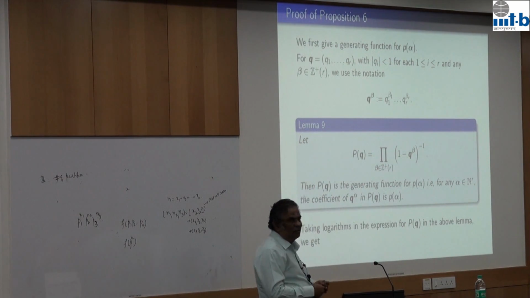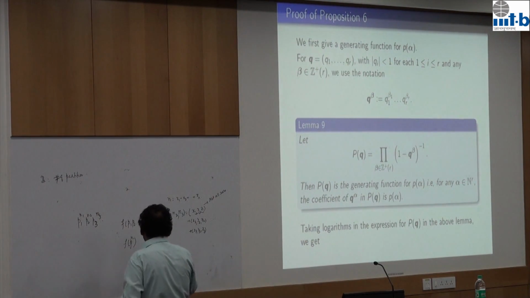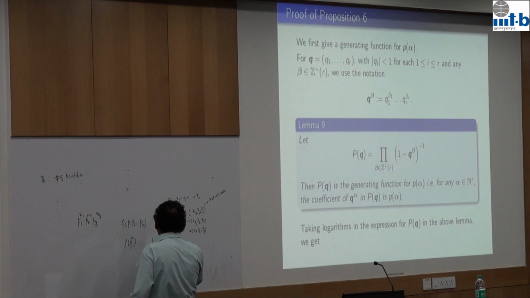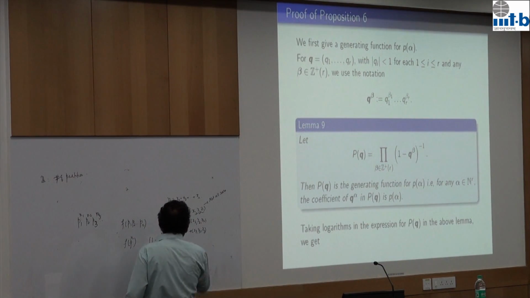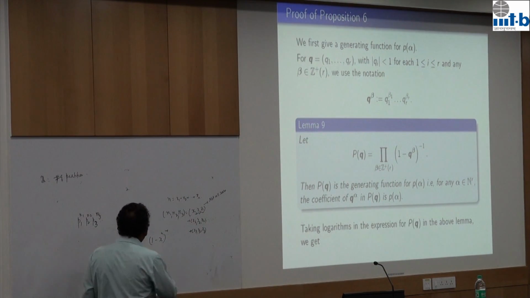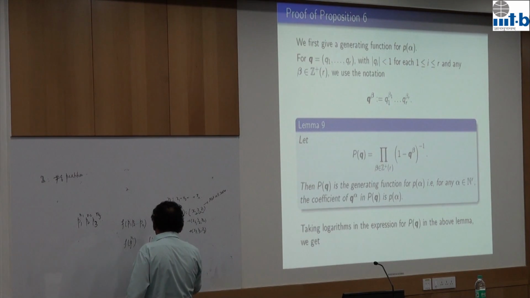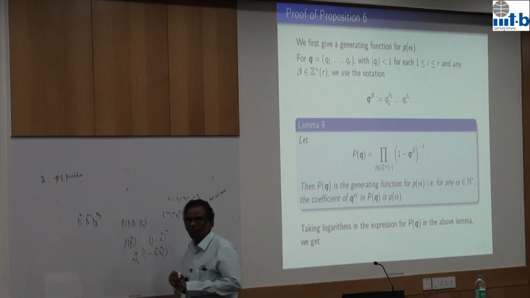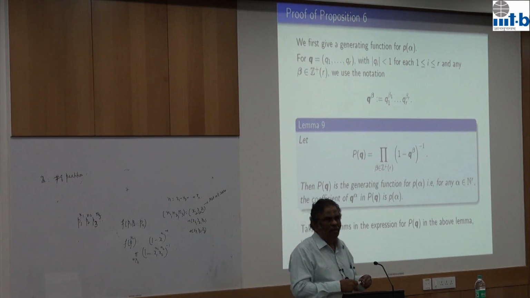Therefore, the generating function is precisely going to be, earlier the generating function for x power n1, this was a generating function. Now, in this two dimensional case, the generating function will be something like this.